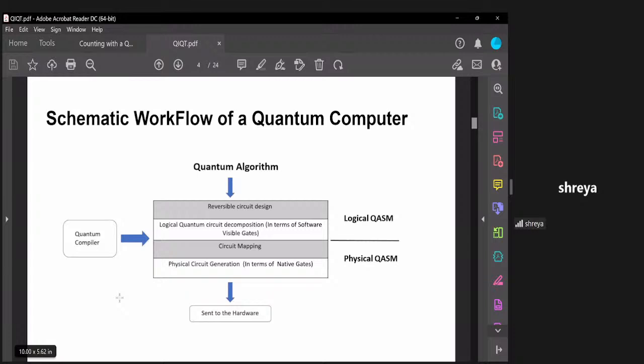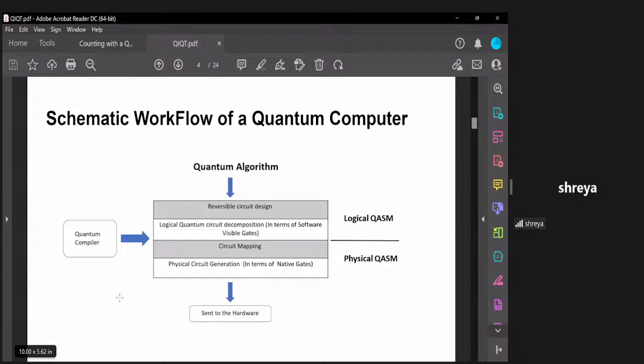Whatever the user gate set is of the particular computer that you want to use, you need to decompose your higher level quantum algorithm in terms of those gates. Then you need to do a circuit mapping according to the qubit connectivity of the device that you want to use.